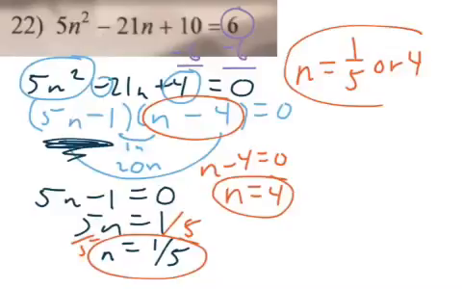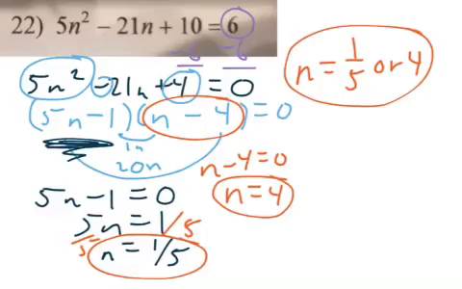Okay? Now, just to reinforce the idea, could we have done this with quadratic formula? And the answer is yes. So let's go ahead and add a new page here. Hopefully you agree that A would be 5, B would be negative 21, and C would be 4.